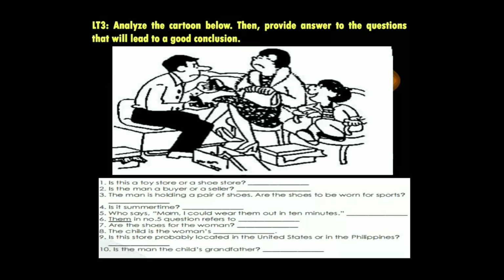Number 6, does "them" in the number 5 question refer to whom? Number 7, are the shoes for the woman? Is it for the woman, for the child, or for the man? For number 8, the child is the woman's blank. Number 9, is this store probably located in the United States or in the Philippines? And last but not the least, is the man the child's grandfather?